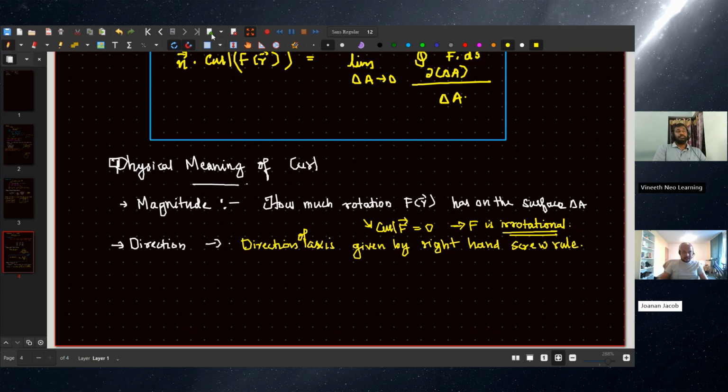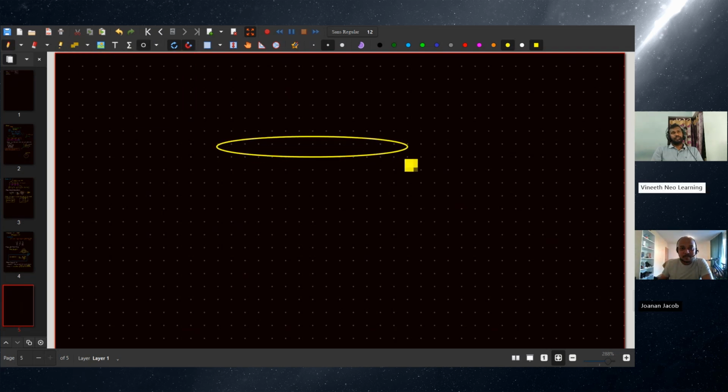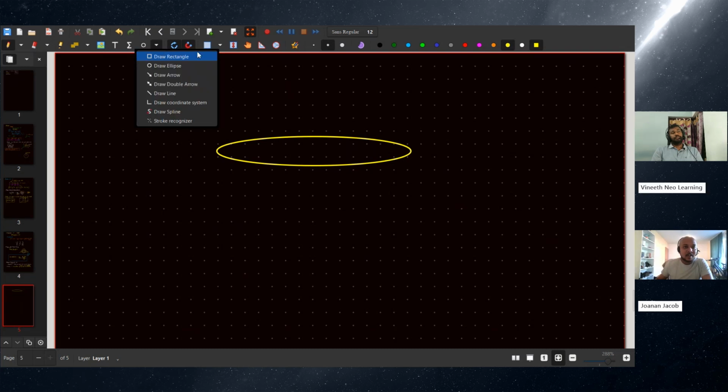We cannot say that it is exact, but suppose you have a circular loop of current like this. Okay, circular loop of current.